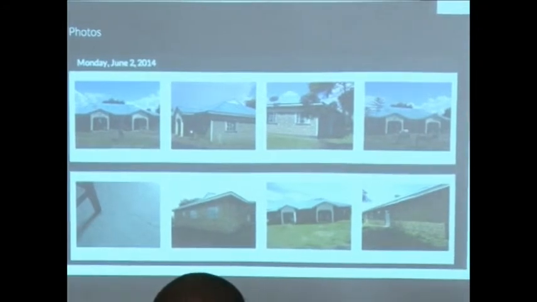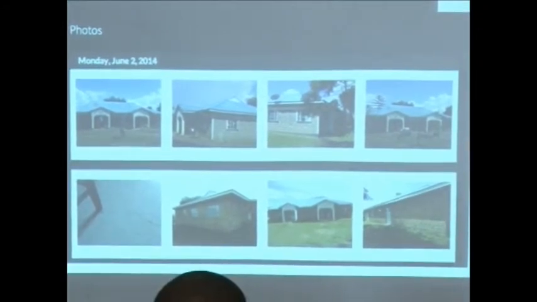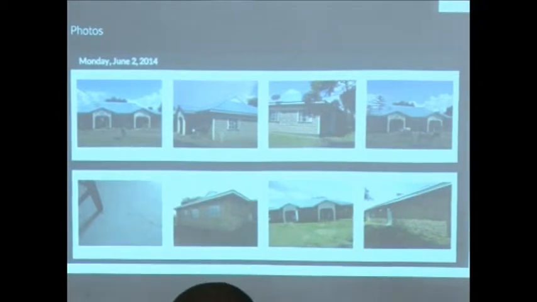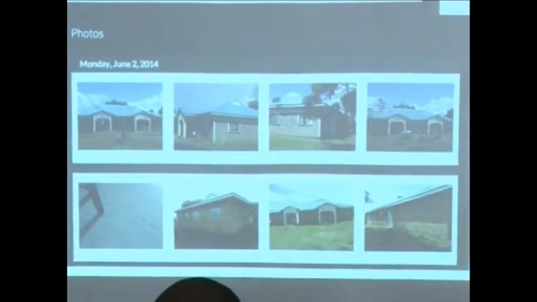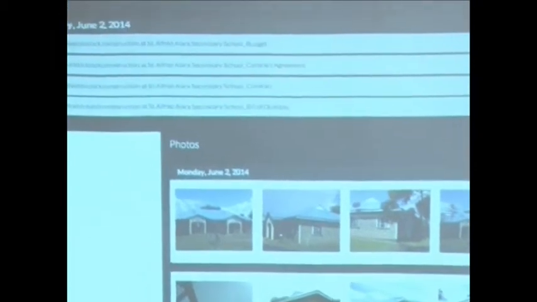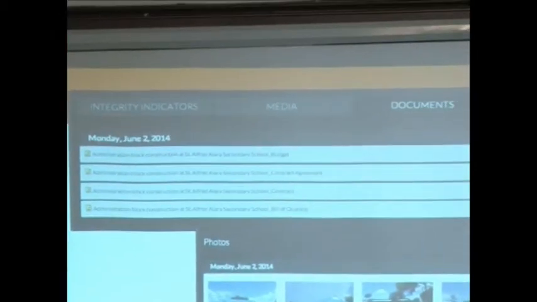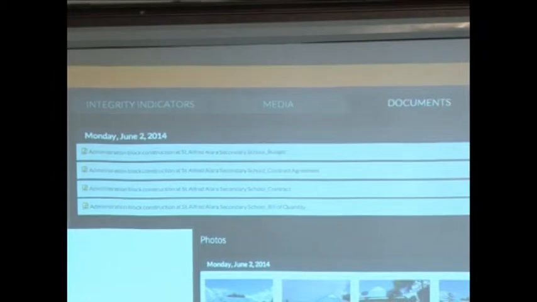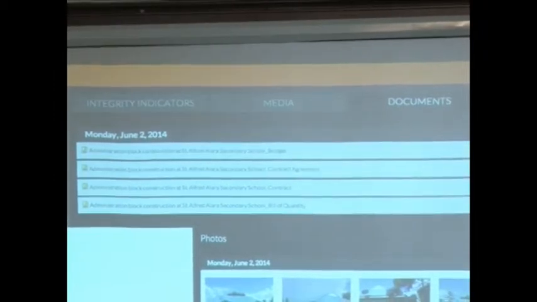As you can see, there is a budget, the contract agreement, bill of quantity. Now, these documents become public, and anyone who goes to the website is able to access these documents and have a look at them once the project is published.